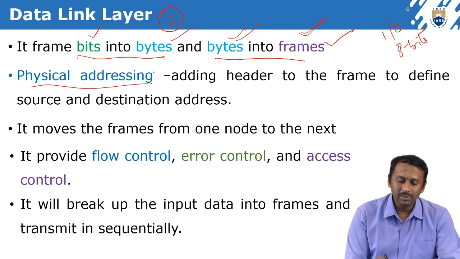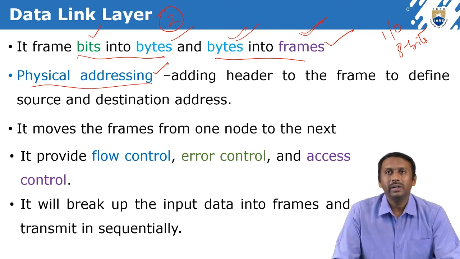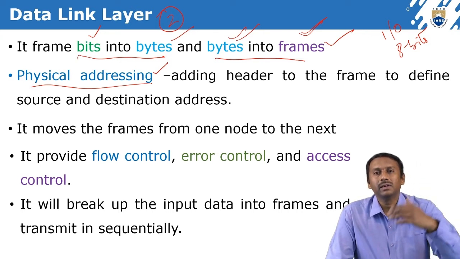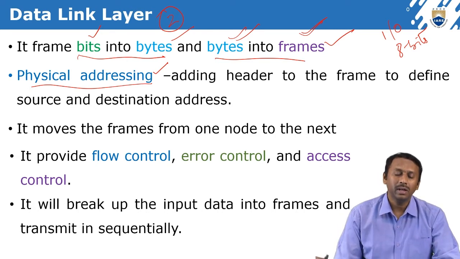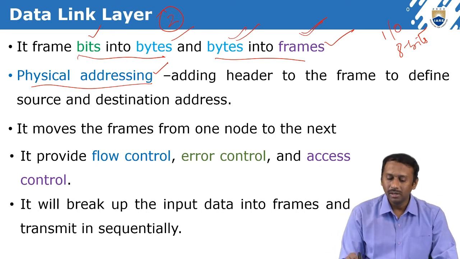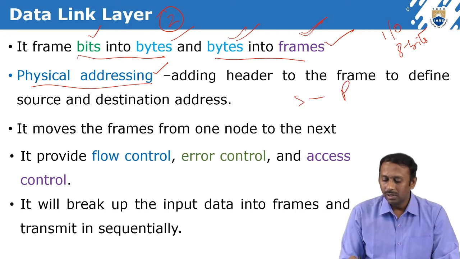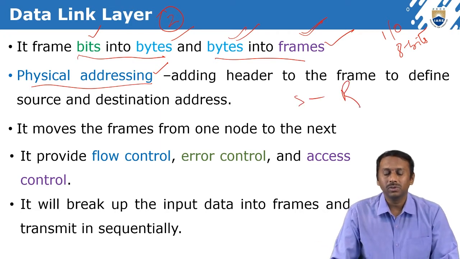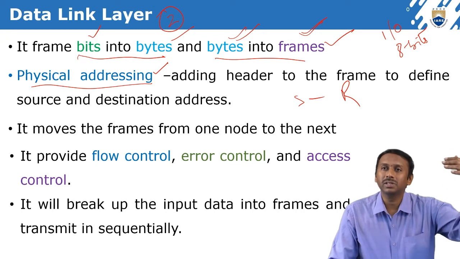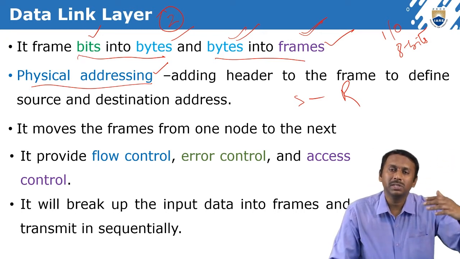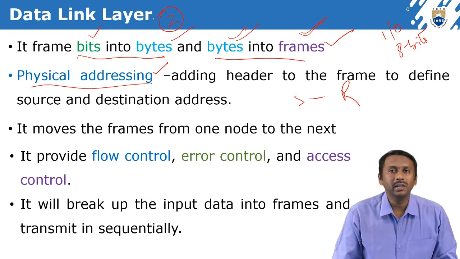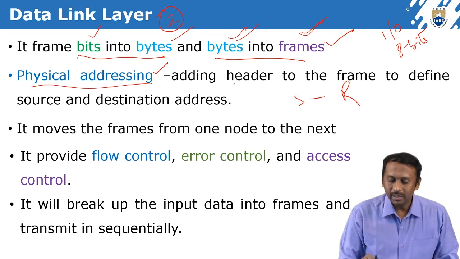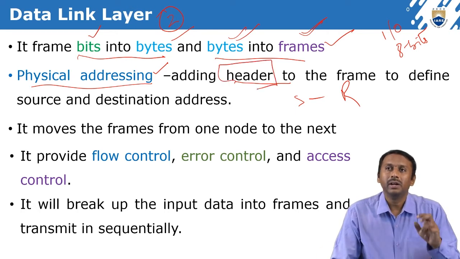In the data link layer, whenever data is received, for example, when a sender wants to send data to a receiver, the data comes from the application layer down through the subsequent layers, and when it reaches the data link layer, a header is added to the data frame.